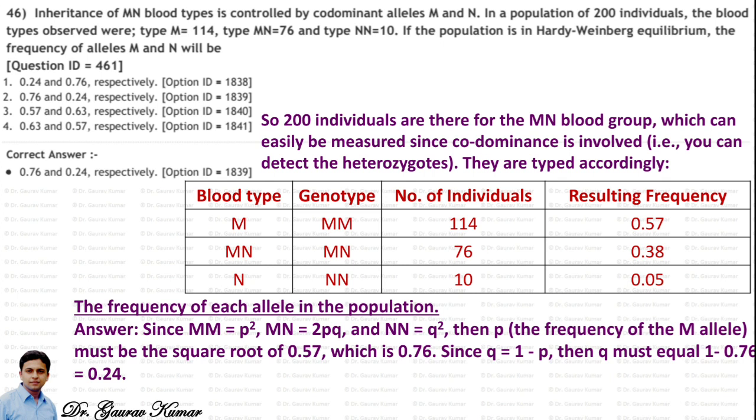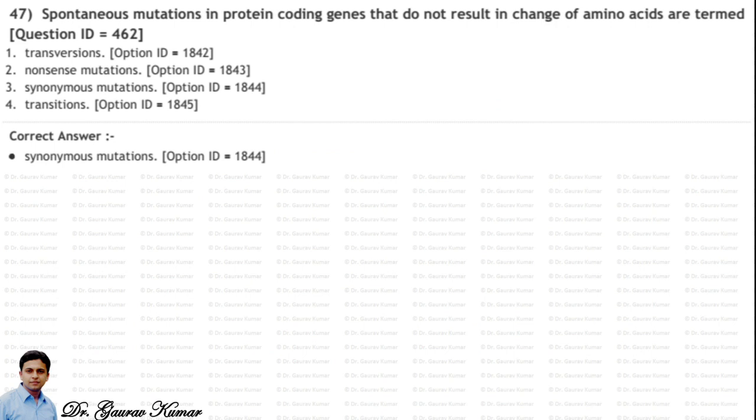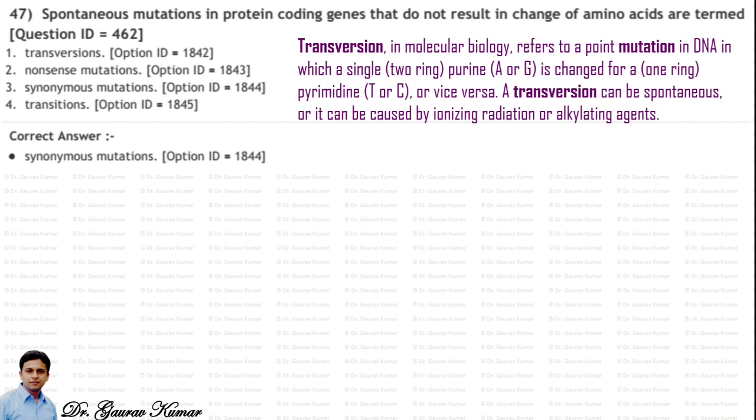Okay, so next question. Spontaneous mutations in protein coding genes that do not result in change of amino acids are termed as. So the answer is synonymous mutation. Let's read a little bit about the others also. Transversion in molecular biology refers to a point mutation in DNA in which a single purine is changed for a pyrimidine or vice versa.